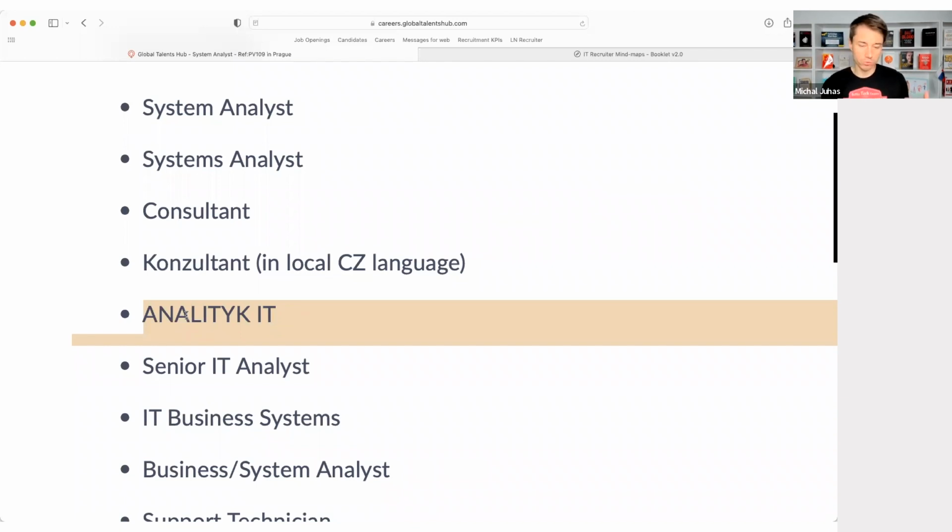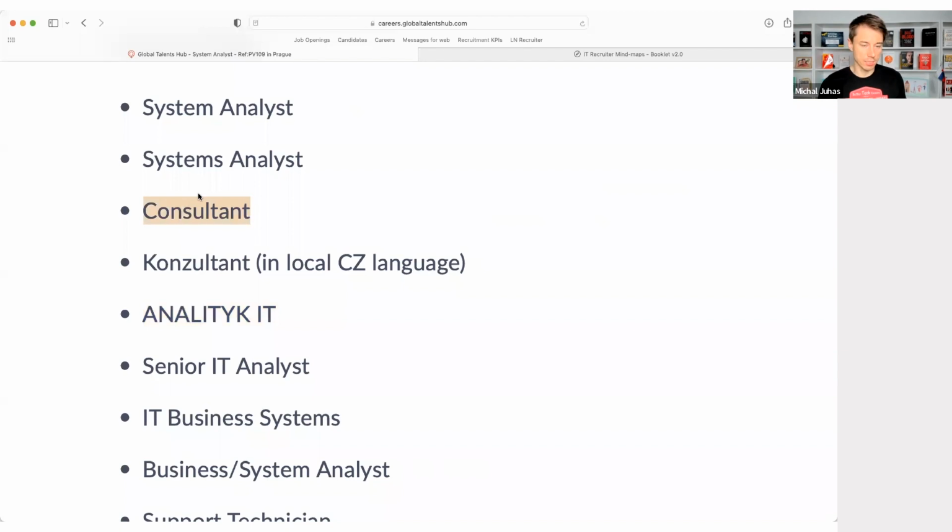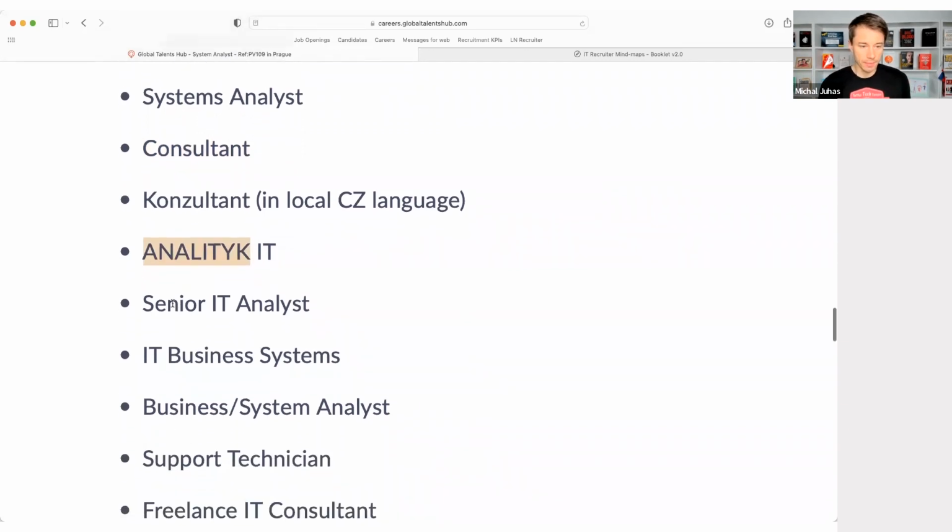For example, if we were to source candidates from Bulgaria, then we would look at Google Translate, we would open it up and we would just translate the word consultant to the local one, or analyst to the local equivalent, because people may use it even more than the English term, right?